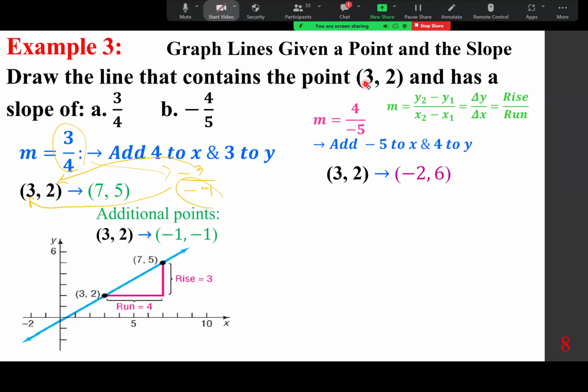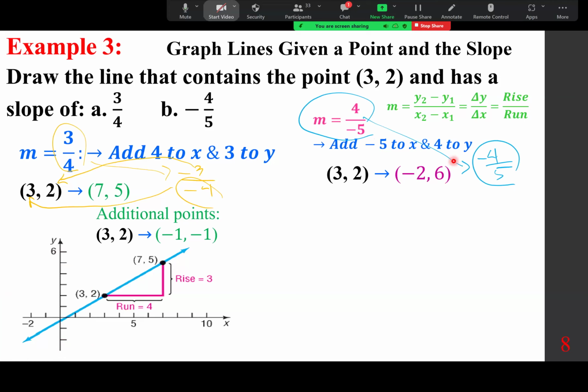Or you can subtract those numbers. In other words, instead of 4 over minus 5, remember this is the same as negative 4 over positive 5. Please understand these two fractions are the same.